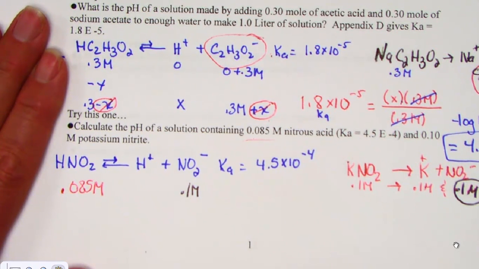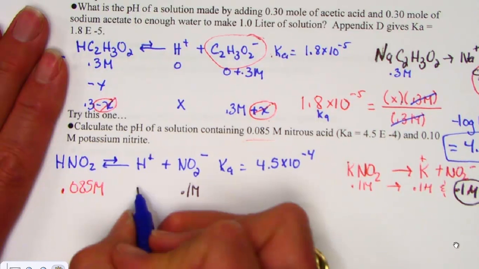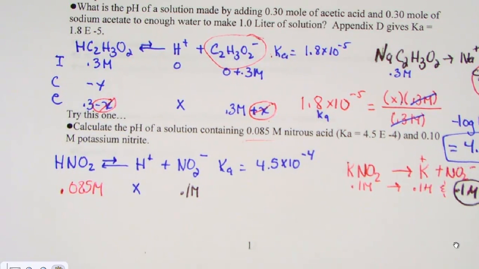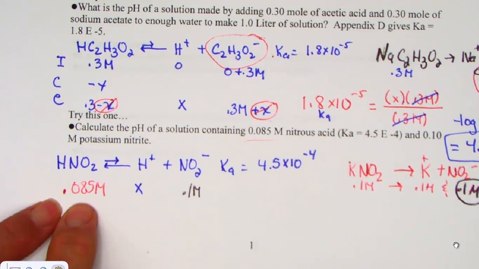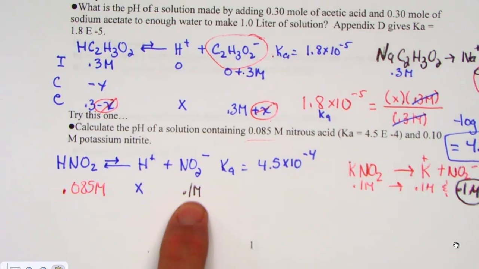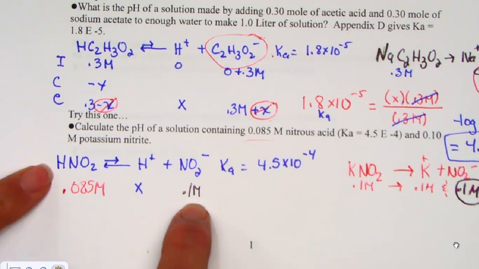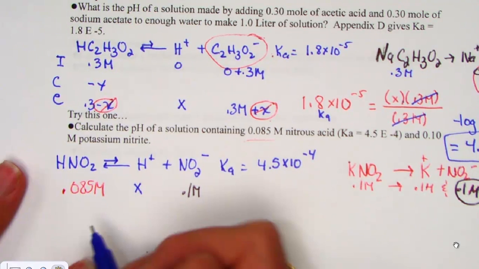The value for nitrite, 0.1 molar, and we're going to let the value of hydrogen ion be represented by X. I know technically this should be 0.085 molar minus X, and this should be 0.1 molar plus X. But let's assume that the concentration of nitrite coming from this dissociation of the acid is so small, negligible, it's not worth measuring.